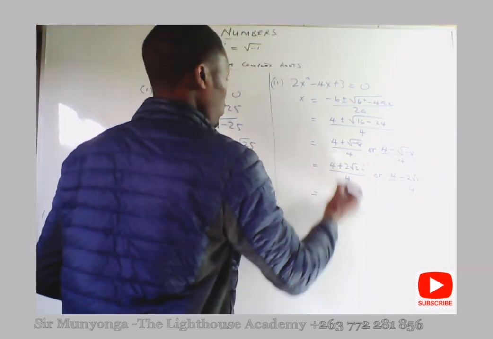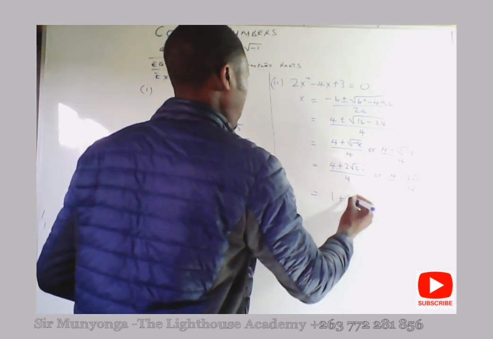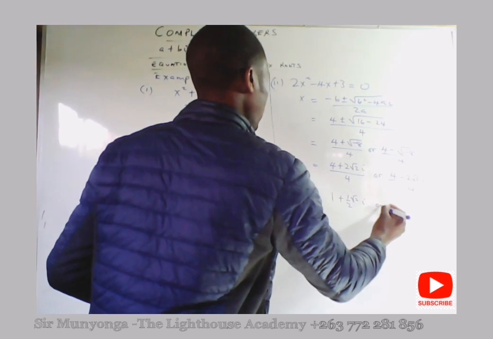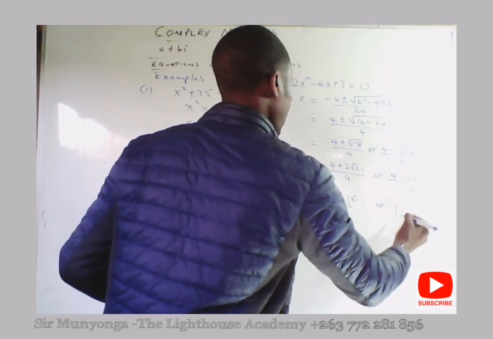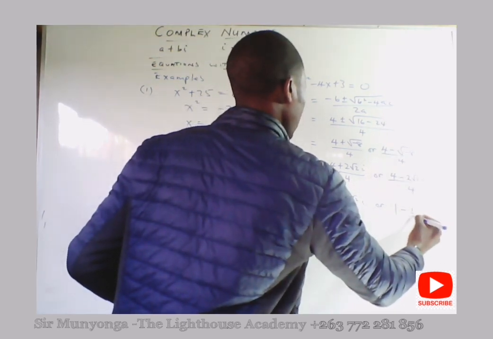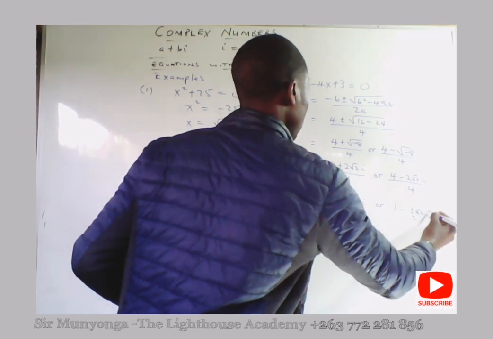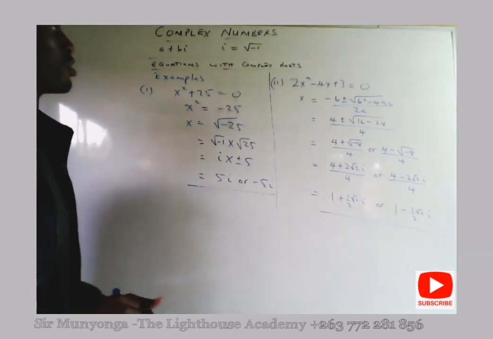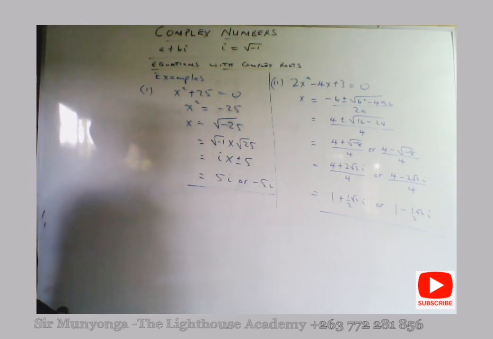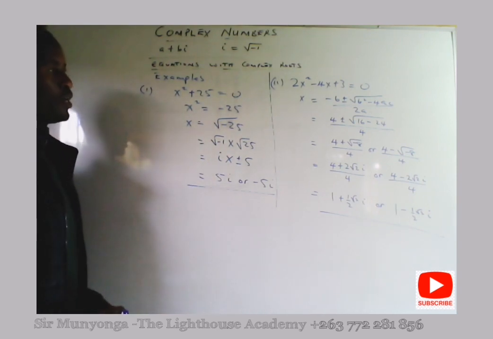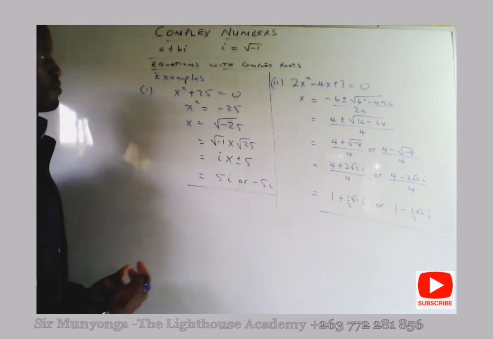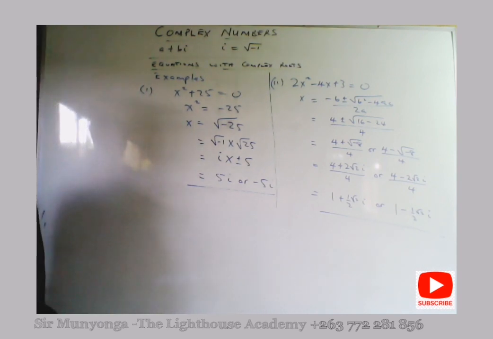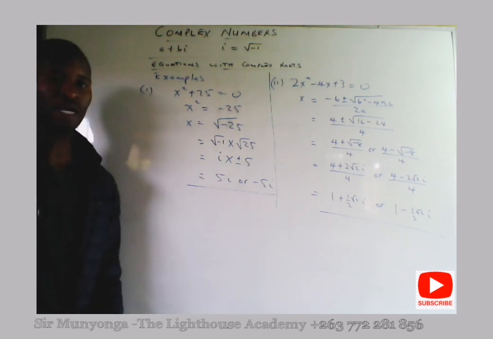Let's reduce that. 4 into 4 you get 1 plus half root 2 i, or 1 minus half root 2 i. So these will be your two roots for the equation 2x squared minus 4x plus 3. So this is one of the ways in which we make use of complex numbers in finding the roots of equations where we have complex roots.